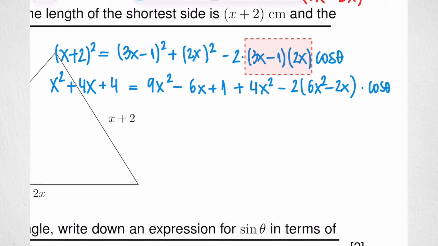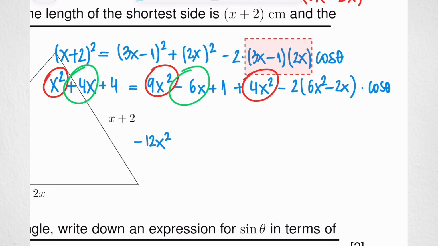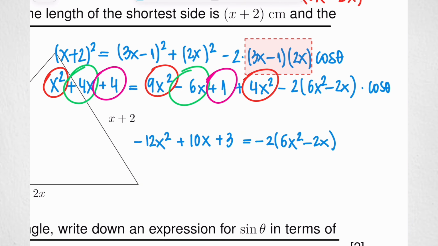Now we can simplify these terms, writing them as negative 12x squared on the left-hand side of this equation. Also the x's, so plus 10x, and simplify the 1 with the 4, so plus 3, equal to negative 2 times (6x squared minus 2x) cosine of theta.